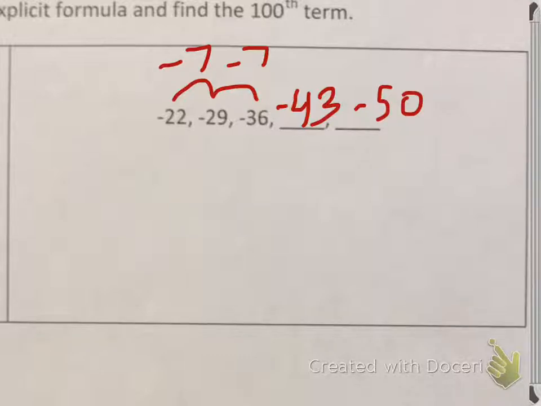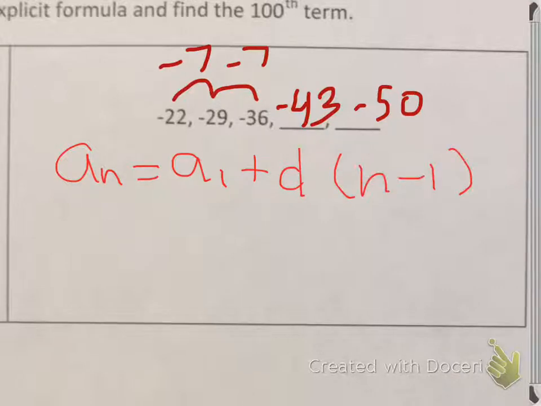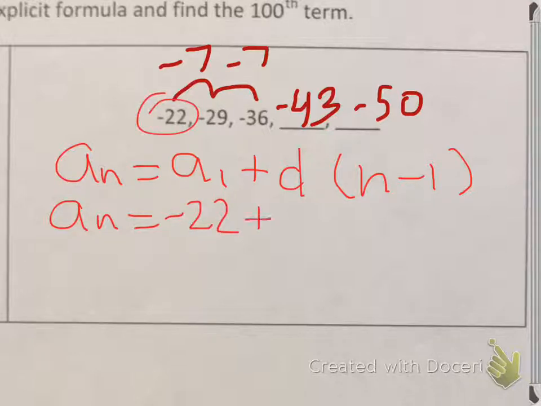So we're going to write our explicit formula. Our explicit formula, again, if we just grab it from the original, is a sub n equals a1 plus the common difference times n minus 1. I know my a1 value, it's negative 22. I know my common difference is negative 7.